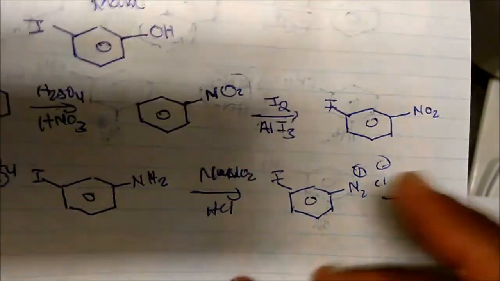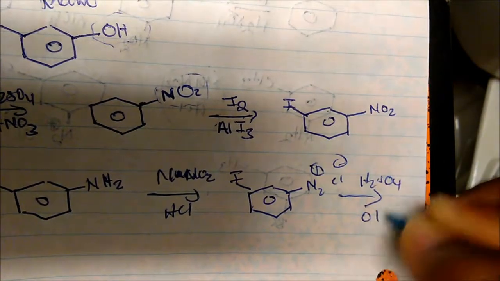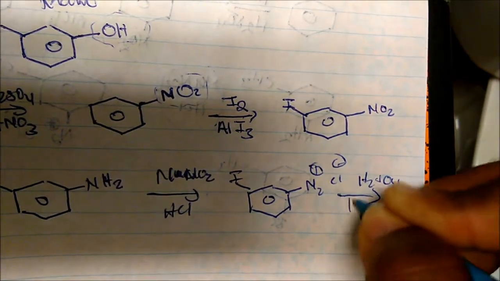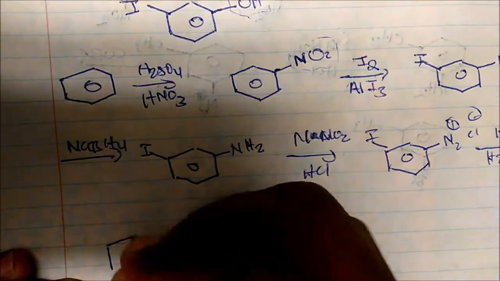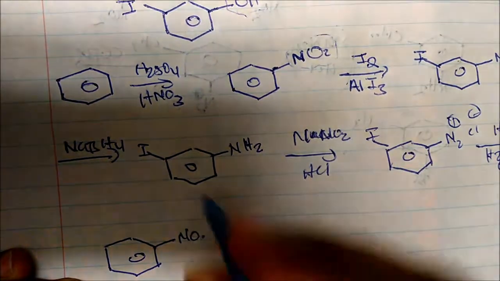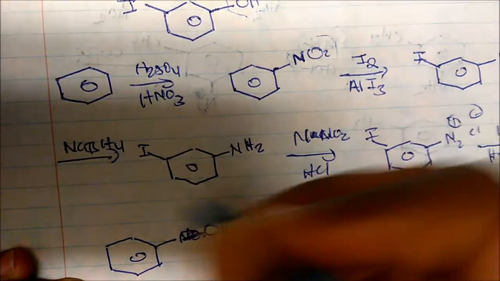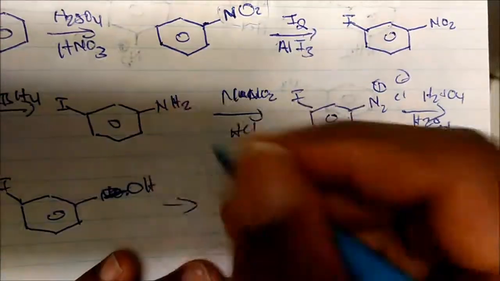And we talked about how to get the alcohol. We simply add sulfuric acid and H2O. If we add sulfuric acid and H2O, we get the desired product. So this is an OH. Let me redraw this, I just messed up there.